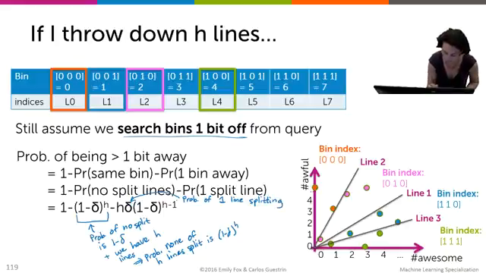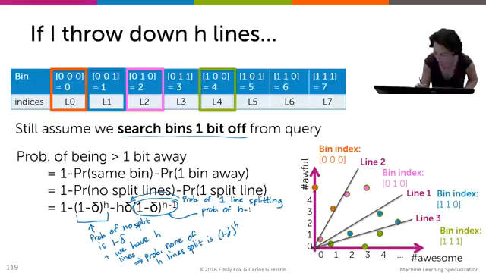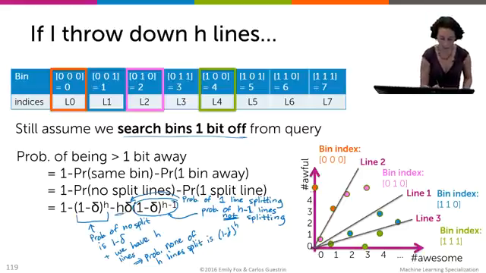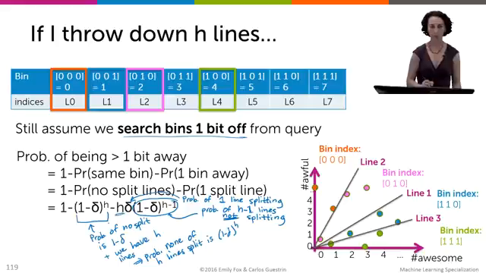And then here we have the probability of H minus 1 lines not splitting the points. But there are H different ways we can have just 1 line and not the other lines. So that's why we have to multiply by the H here.